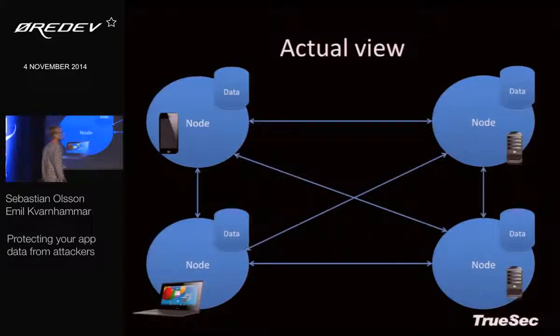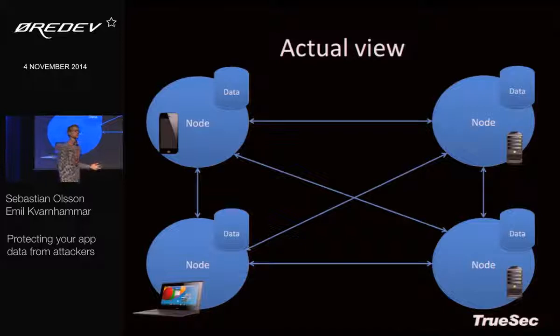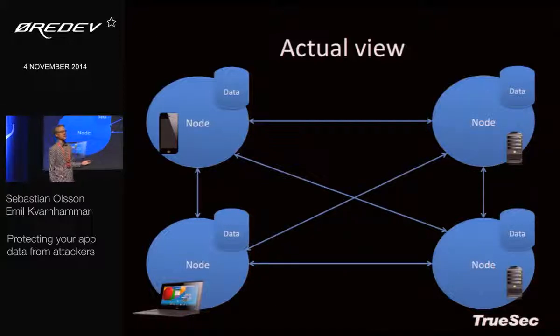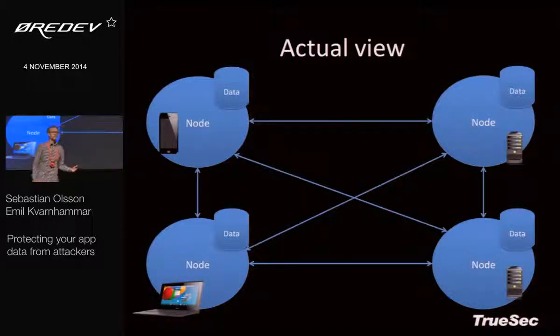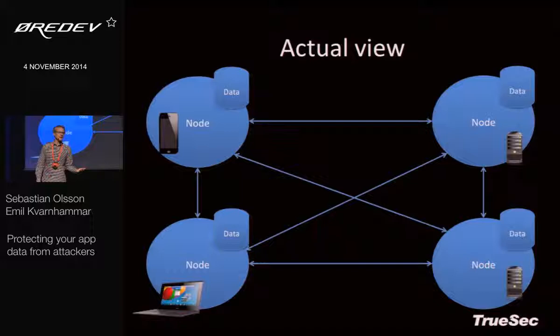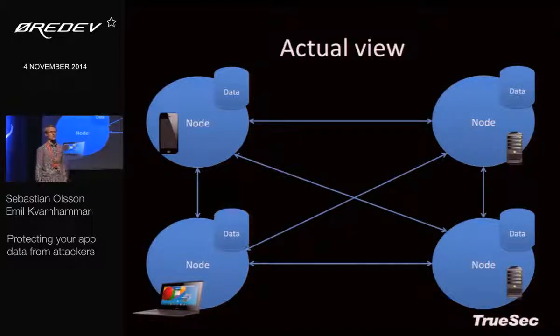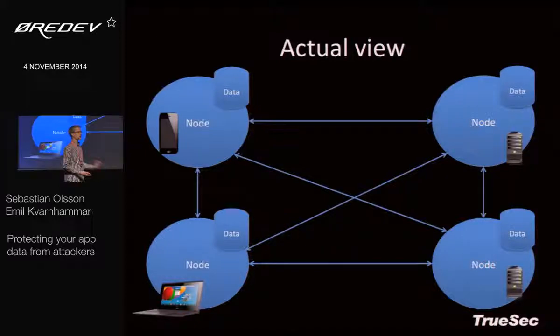But the actual view is, of course, a bit more complex. We have the user data being stored on the client, but that might end up on a computer as well through a backup. And backup data might actually be transferred to a cloud also, of course. And we might have several servers involved.